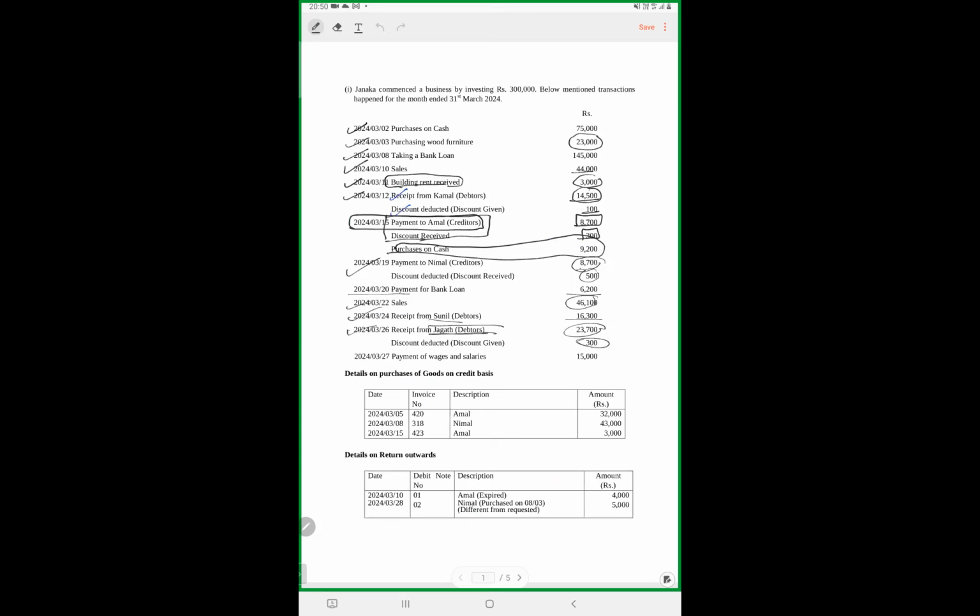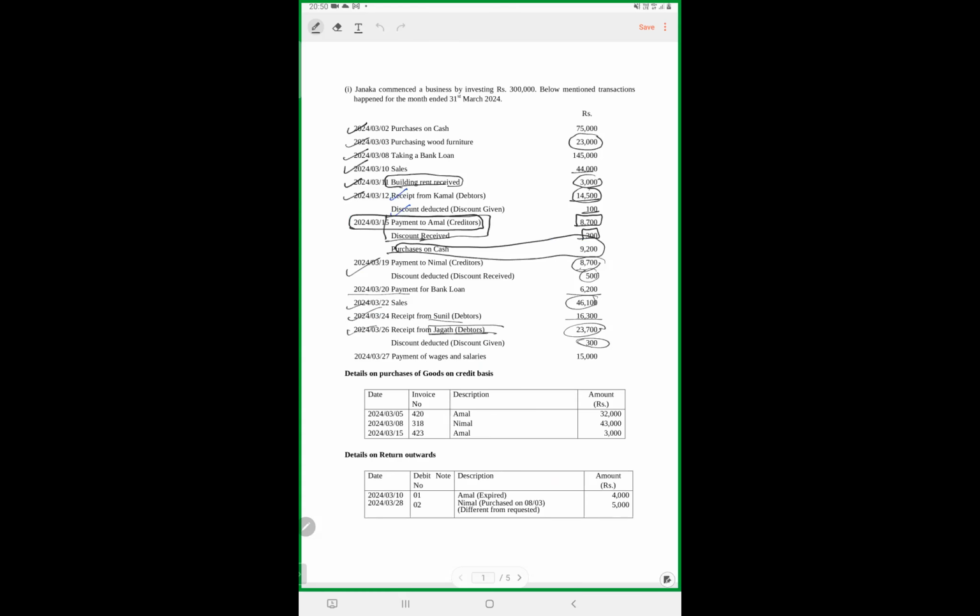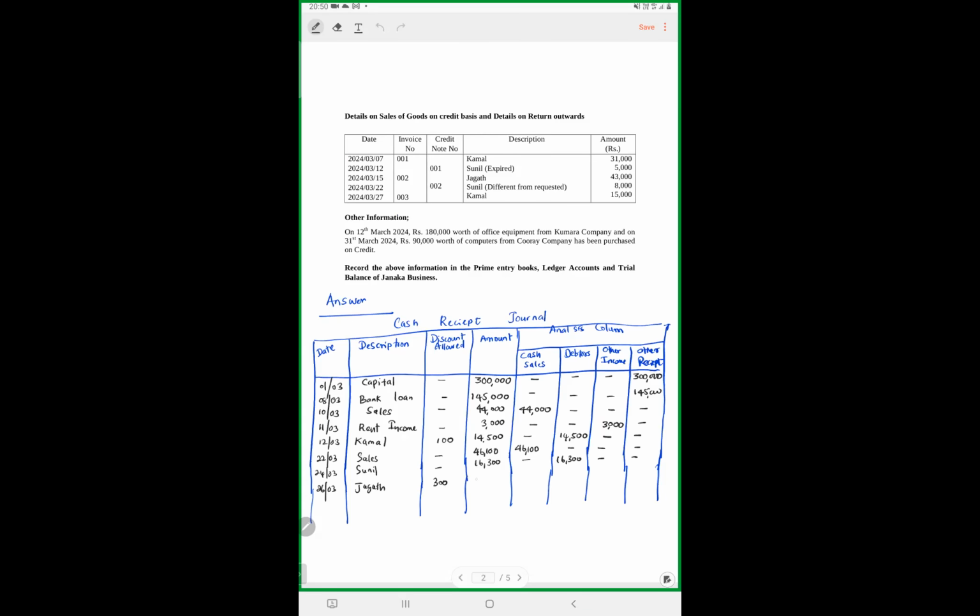We are giving the discount 300. So then after we are receiving 23,700 from debtors. Debtors.